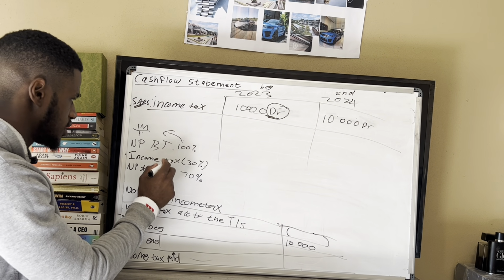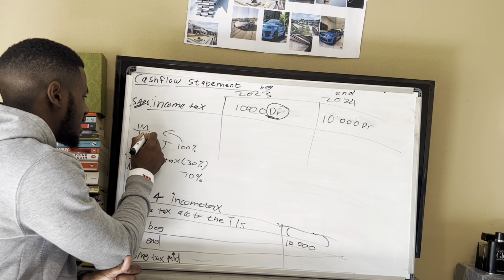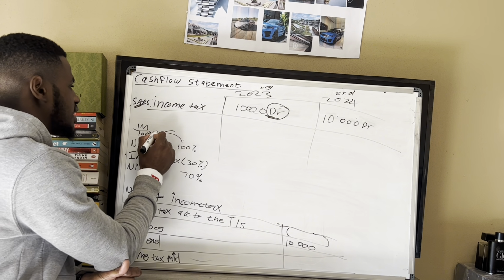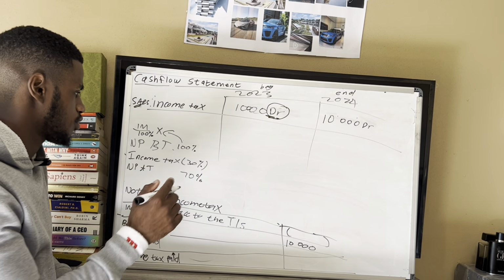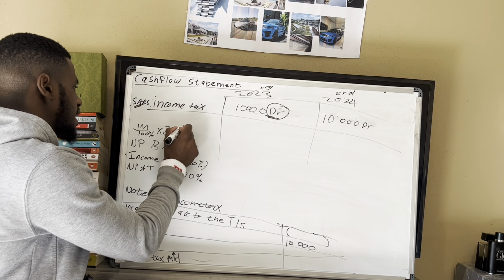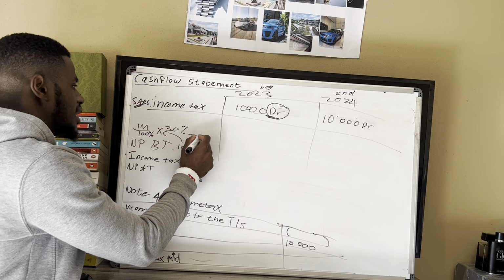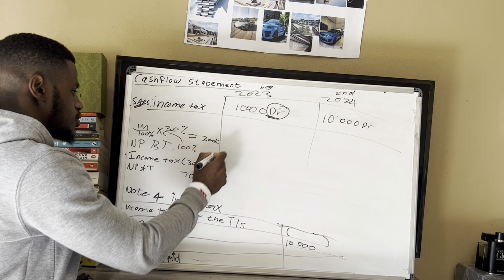You can be given any of these three. Let's say we are given this. You will say 1 million divided by the percentage it represents. Then multiply by the percentage you are looking for. So let's say when you are looking for 30%, so divided by 100 times 30%, then you will get your answer for here, which will be 300,000.